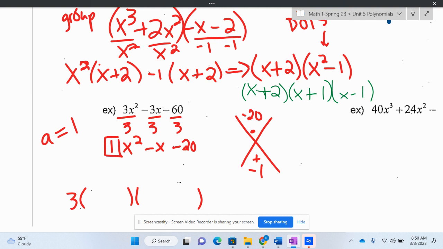What two numbers can I multiply together to get negative 20 that when I add, I get negative 1? Negative 1 times 20 gives me negative 20, but when I add that, I get 19. I need to add it together to get negative 1. What are numbers that you multiply together to get to 20? Aren't 2 and 10 going to work?